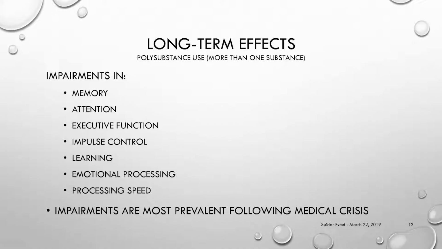So again, thinking back to all those different cognitive abilities that you're using right now. Memory, attention, executive function, learning, emotional processing speed, right? Those impairments. A lot of the literature focuses on polysubstance use because it is hard to find individuals to study who have used one substance exclusively.